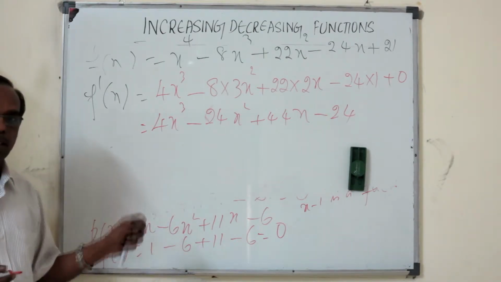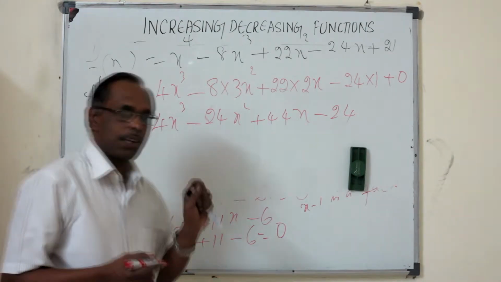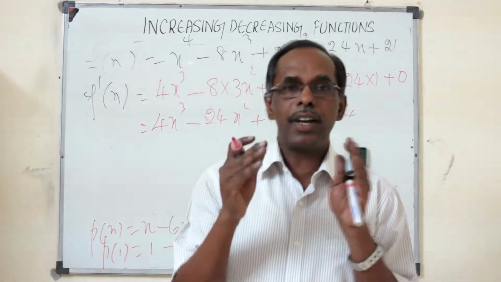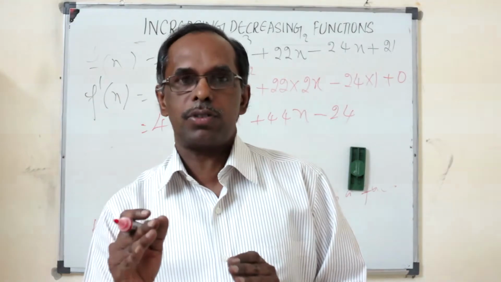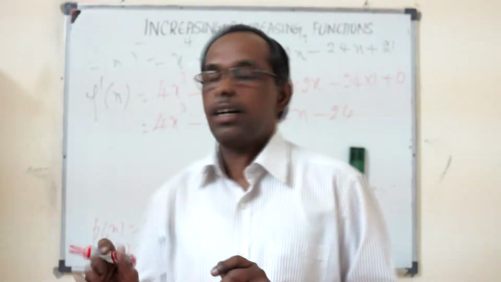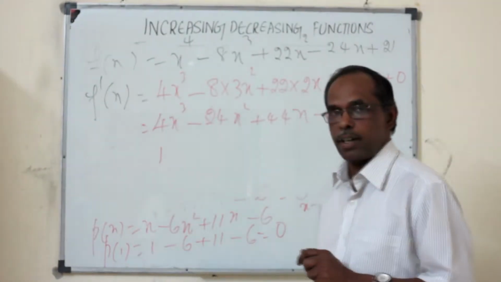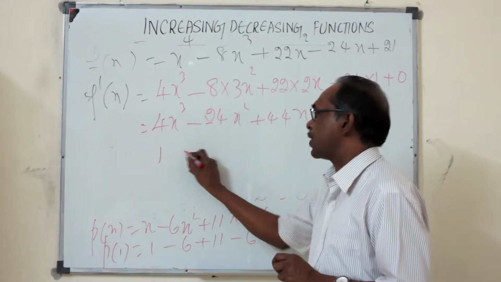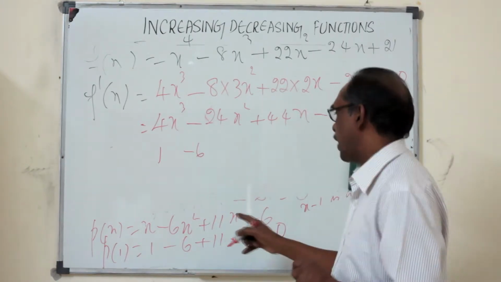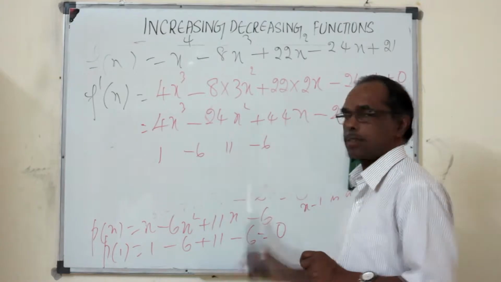For synthetic division, you have to write down all the coefficients of the given polynomial. If any term is missing, you have to write down 0. So all the terms' coefficients you have to write down. Here, x cubed the coefficient is 1, x square the coefficient is minus 6, x the coefficient is 11, and the constant term is minus 6.